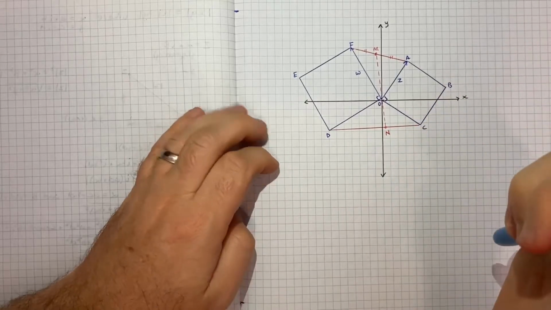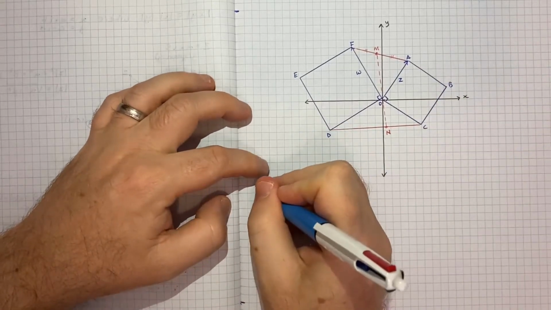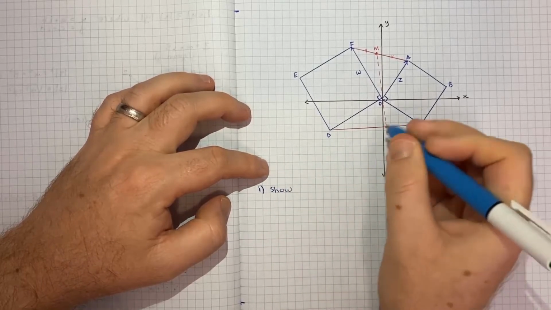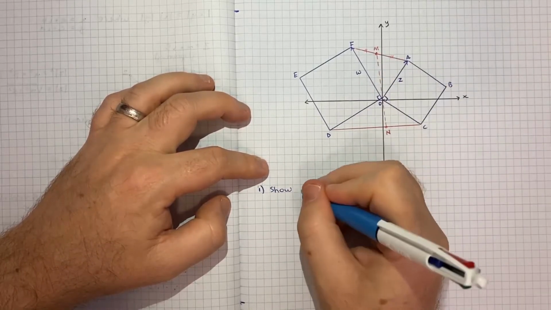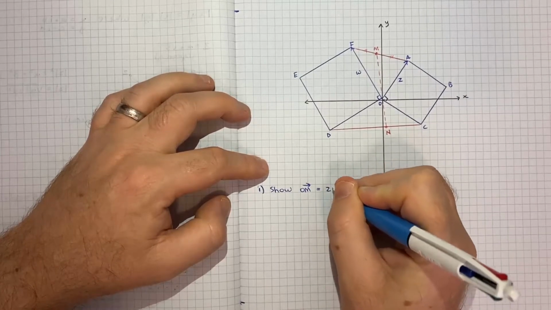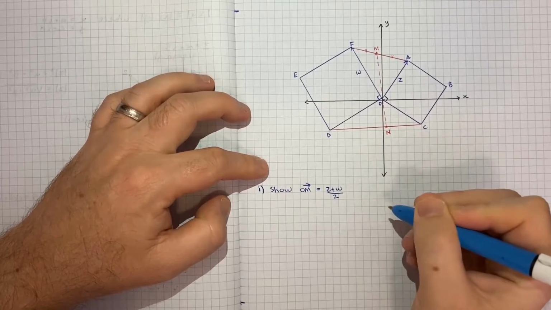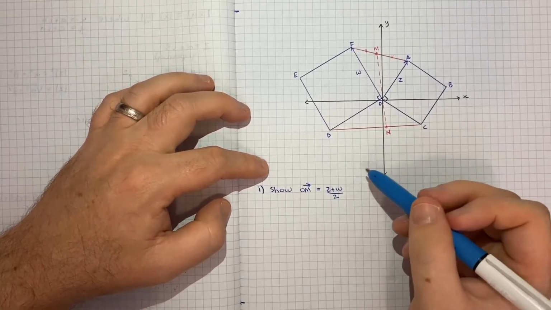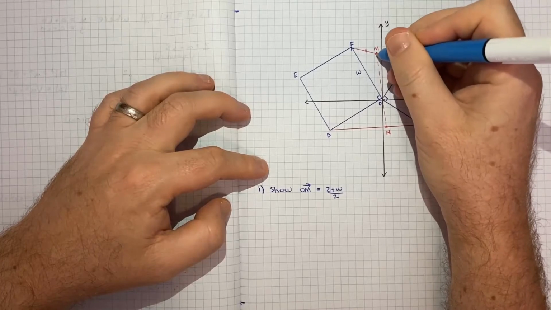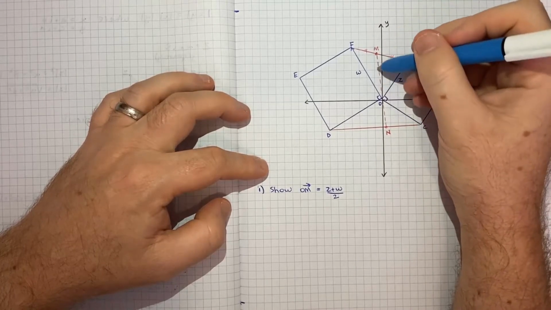So part 1 of the question asks us to show that the vector OM is equal to (Z plus W) on 2. I think how we can start thinking about this vector OM is to think of the 2 ways we can get there.